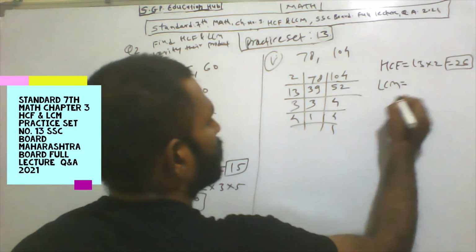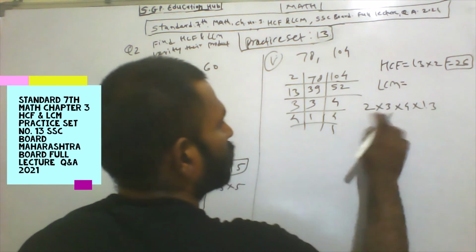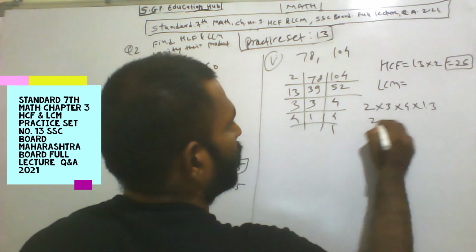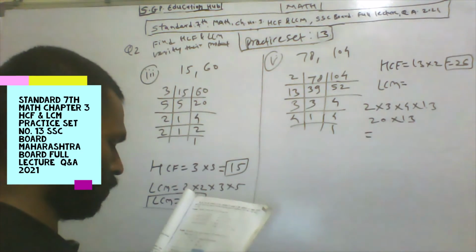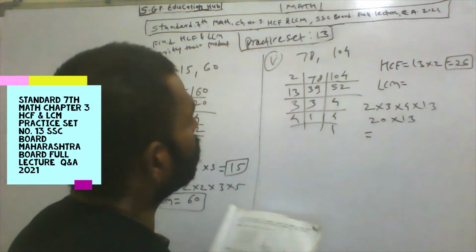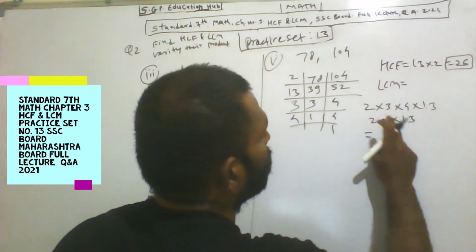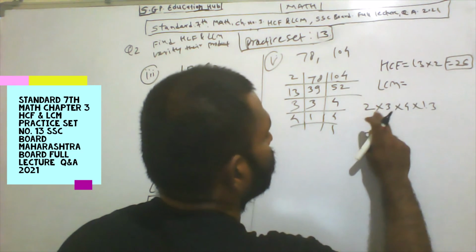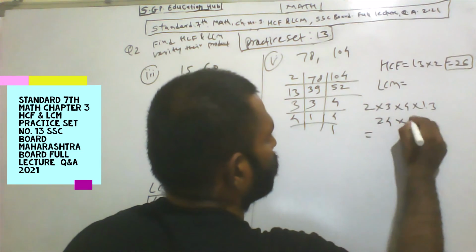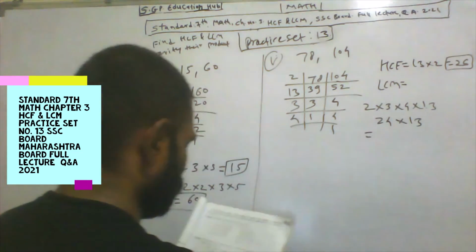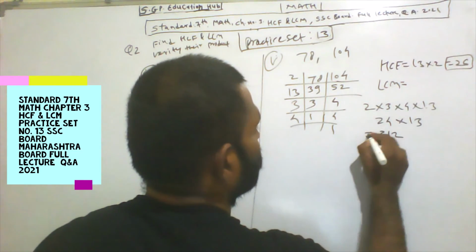So the LCM is 2 into 3 into 4 into 13. 2 3s are 6, 6 4s are 24, 24 into 13, answer is 312. The LCM is 312.